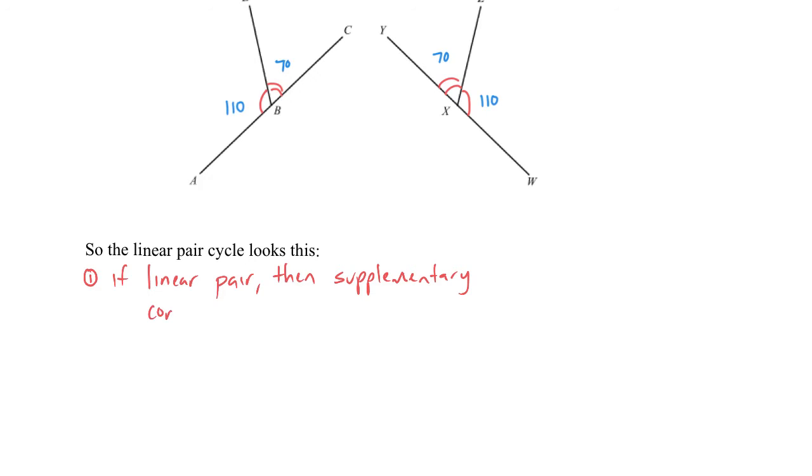So in this example, we would say that angle ABD and angle CBD are supplementary. And we would also say at the same time that angle WXZ and angle YXZ are supplementary.